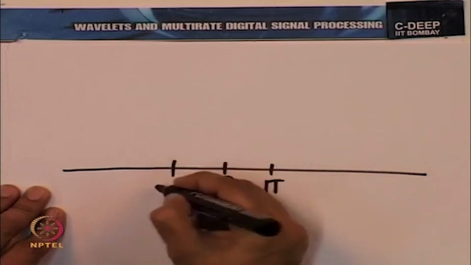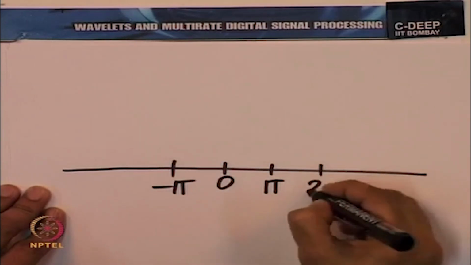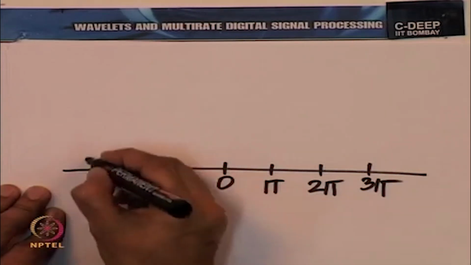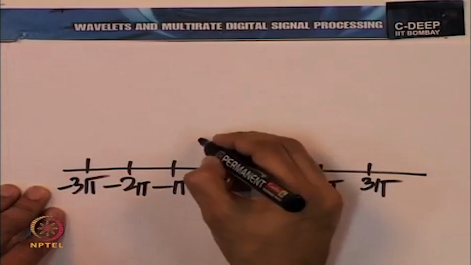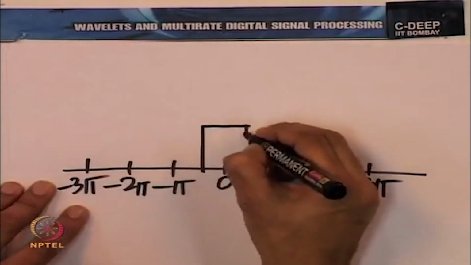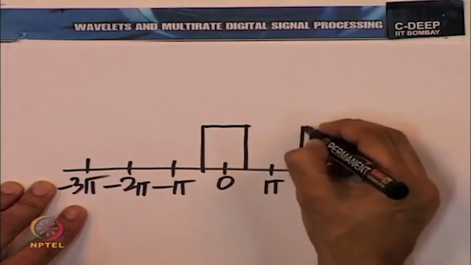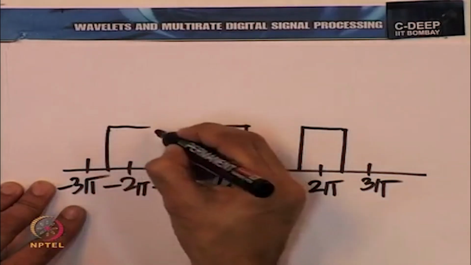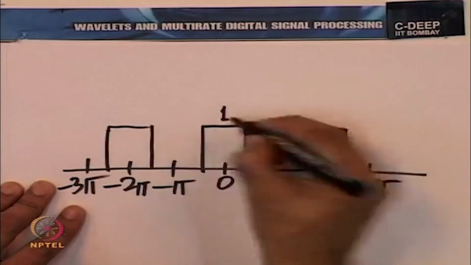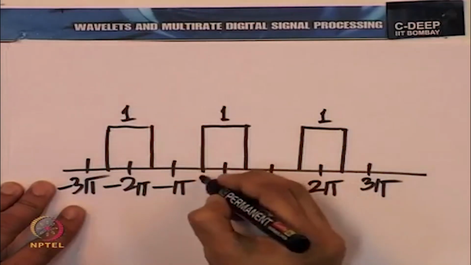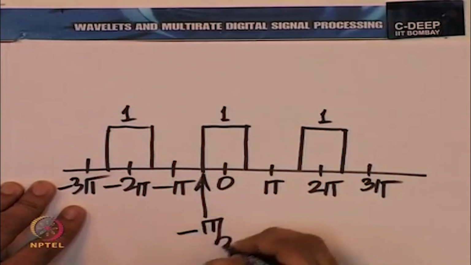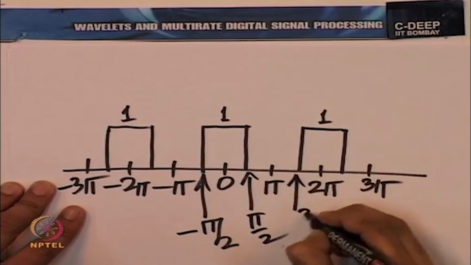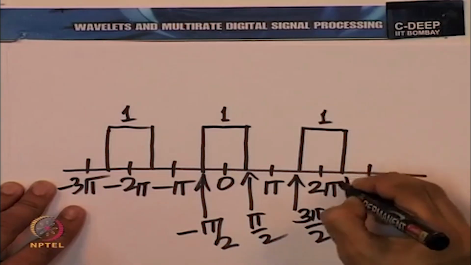So, I have pi, minus pi there, 2 pi, 3 pi and so on. This is what h 0 looks like, taking note of the periodicity, remember. This is minus pi by 2 there, this is pi by 2, this would therefore be 3 pi by 2 and so on.